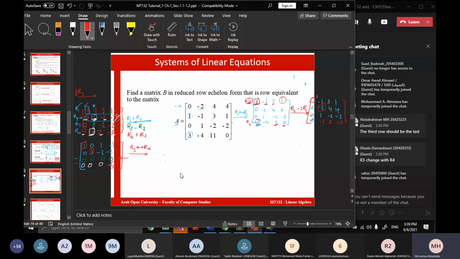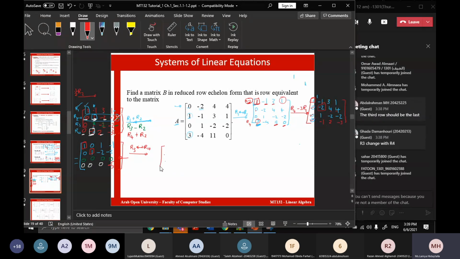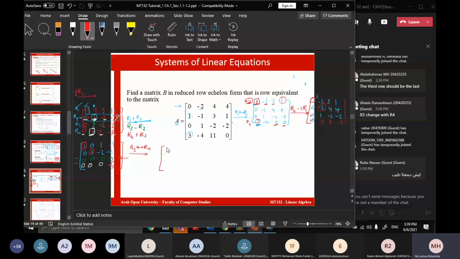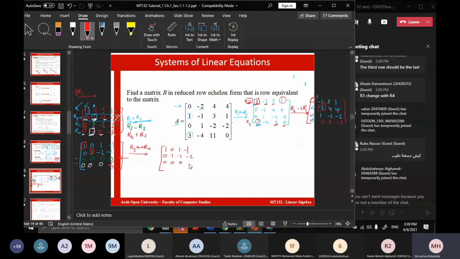So I will change R3 by R4. Now, what is going to be the new matrix? It's going to be 1, 0, 1, minus 1, and then 0, 1, minus 2, and then minus 2, and then 0, 0, 0, minus 5.